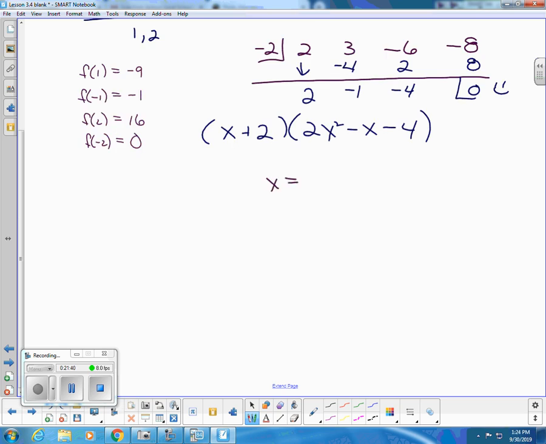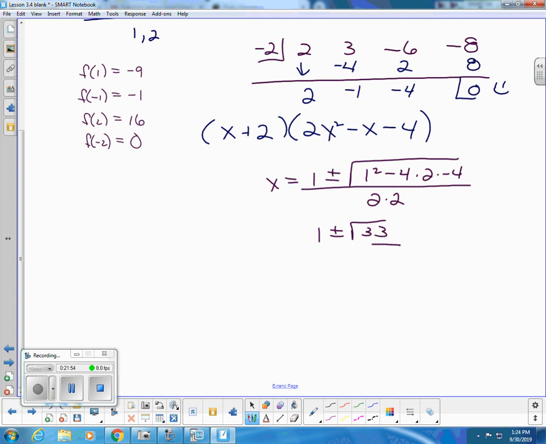X equals opposite of b, plus or minus the square root of b squared, minus 4 times a times c, all over 2a. Those are my two irrational roots, and I also have the negative 2.